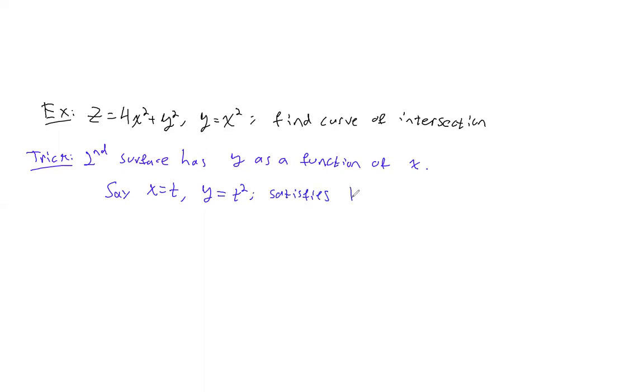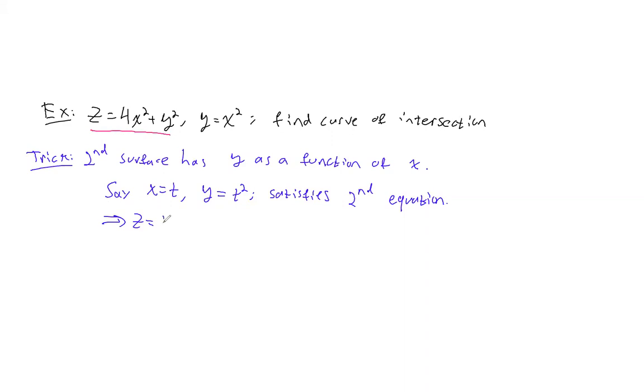That certainly satisfies the second equation. No question about that. But if that's the case, then going from the z equation, we know what x is, we know what y is, so we just have to find out what z should be. So it follows that z is going to be what?